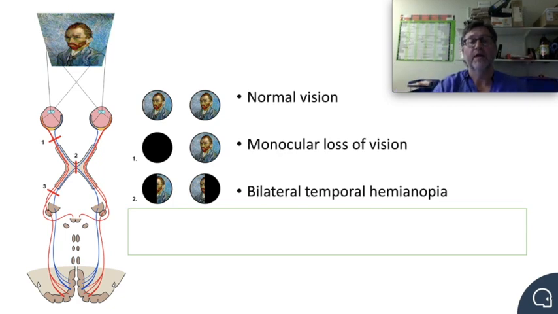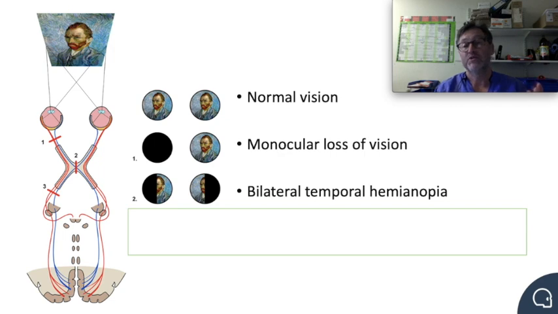And we call that a bilateral temporal hemianopia. Temporal meaning out towards the side, hemi meaning half, anopia meaning loss of vision. And you can see the pattern of pressure or disease process affecting the optic chiasma will give you a bilateral temporal hemianopia. Hopefully you can understand that, that's quite crucial.